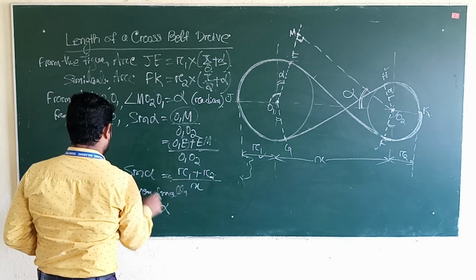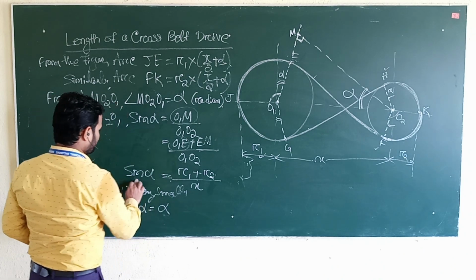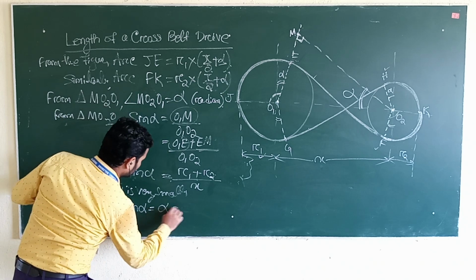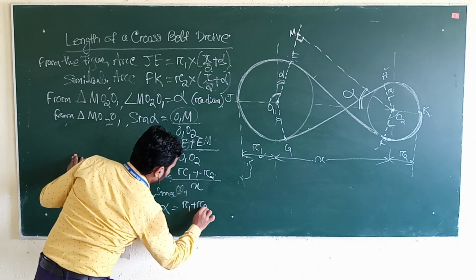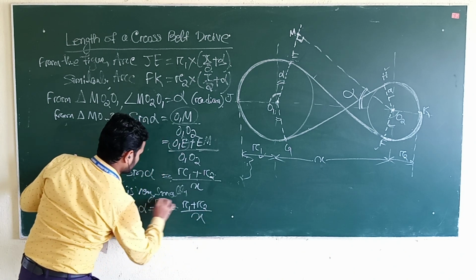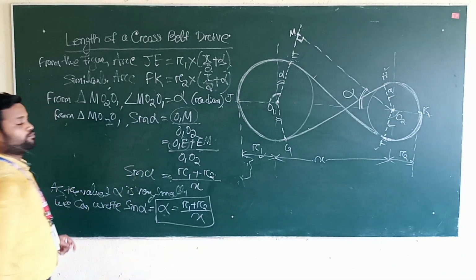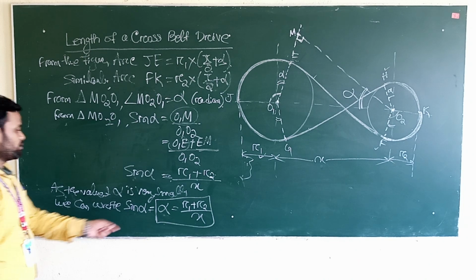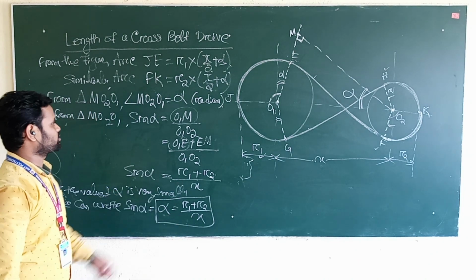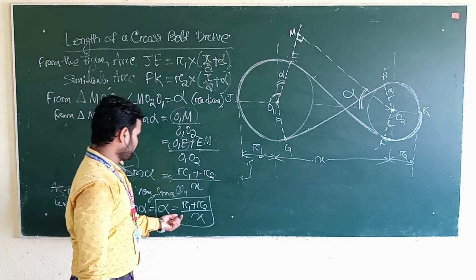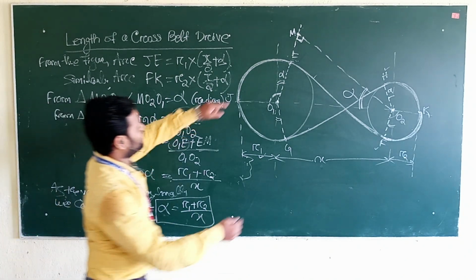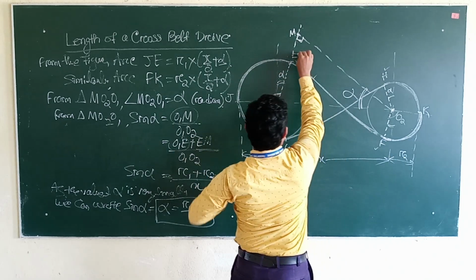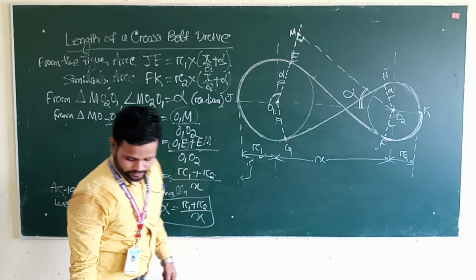So sin alpha equals alpha equals R1 plus R2 by x. So alpha equals R1 plus R2 divided by x. We will remember this; we will apply it in the next topic. So alpha equals R1 plus R2 by x. Now we will calculate the length of EF. What is the length of EF?